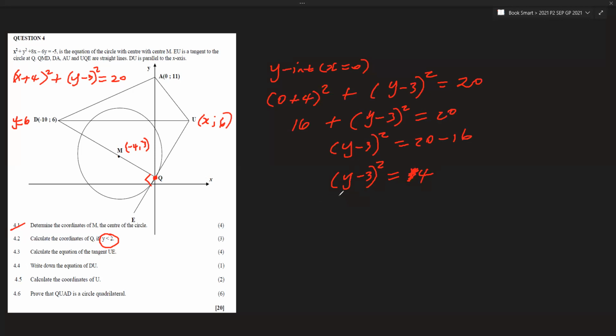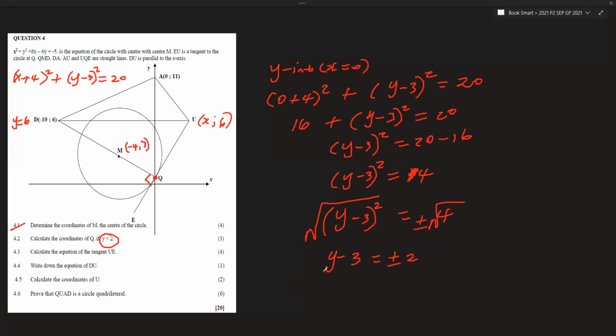And then we're going to square root both sides. So I have y minus 3 equals the square root of 4. Remember, when you square root, this part must have a plus minus. So here y minus 3 is the same as plus minus 2, because the square root of 4 is 2.